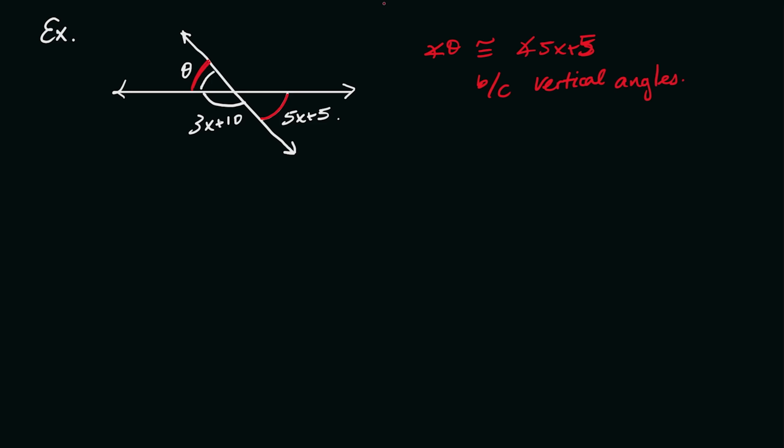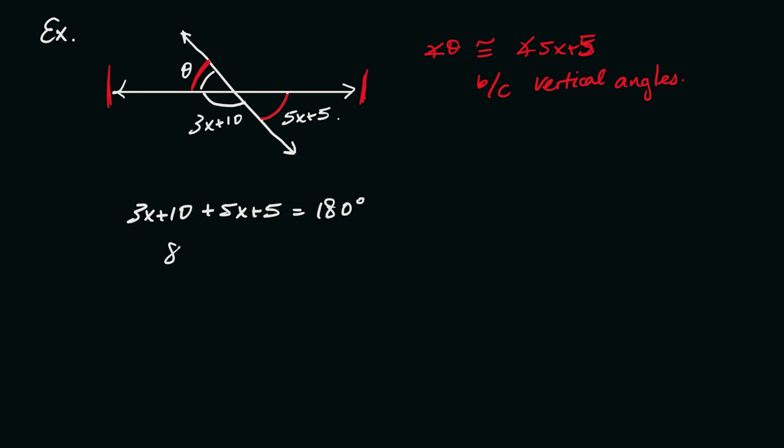Right? So now, since we know that this whole entire line segment here, starting from here to here, is 180 degrees, we can find x by just setting 3x plus 10 plus 5x plus 5 equal to 180 degrees.